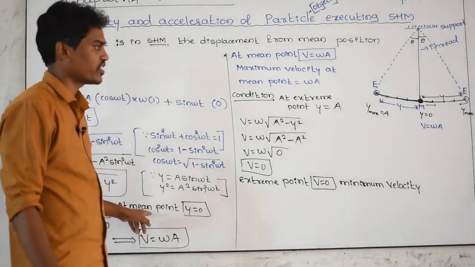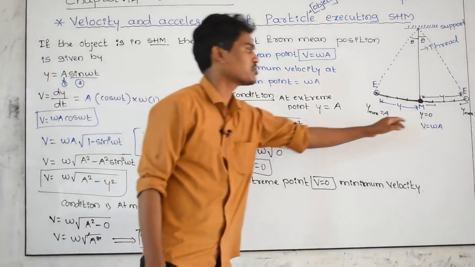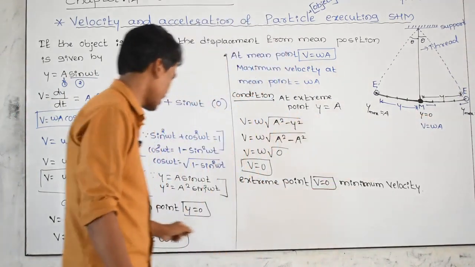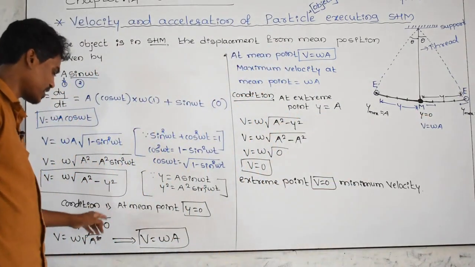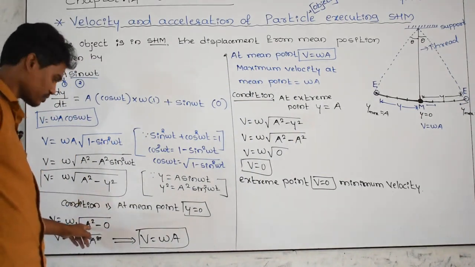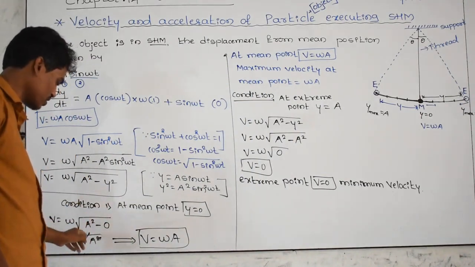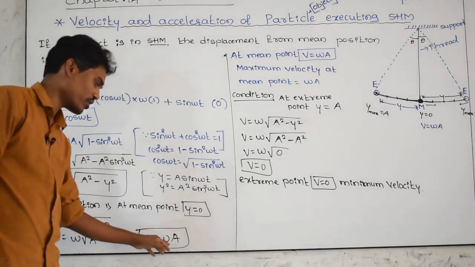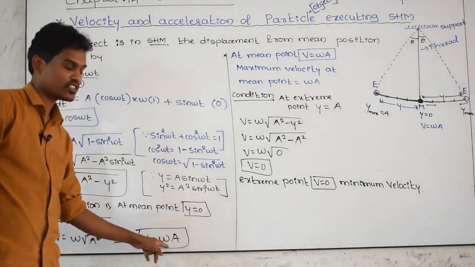Now apply the condition at the mean position. Whenever the object is executing simple harmonic motion, at the mean position displacement is equal to 0, meaning y is equal to 0. Substitute here: omega into root of a square as it is, the square and root get cancelled, a comes out, and velocity is equal to omega into a, angular frequency into amplitude.